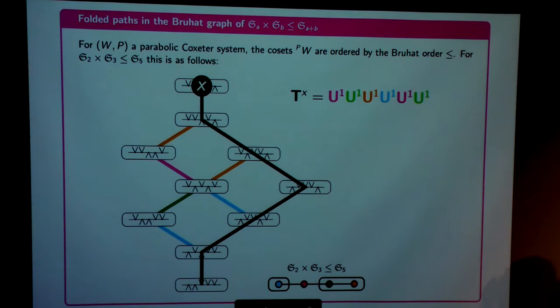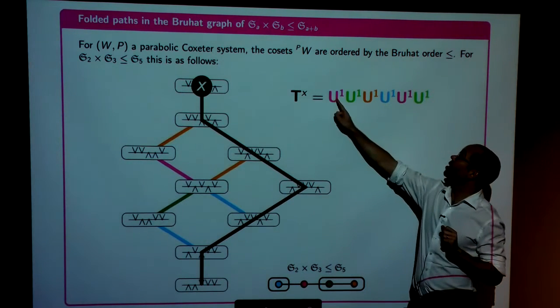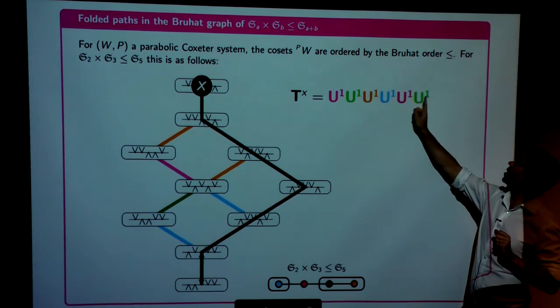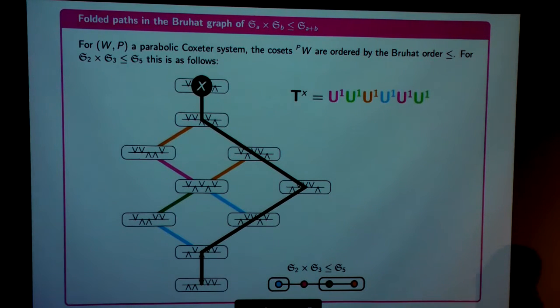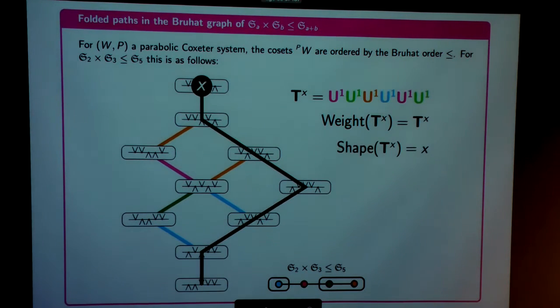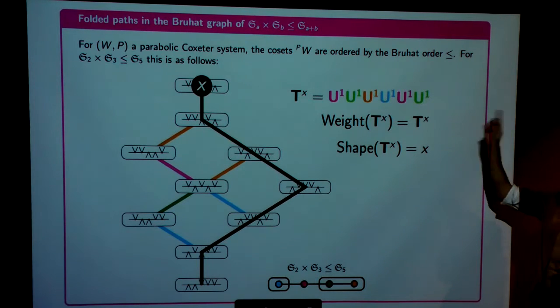And so I write that this path is given by pink, green, orange, blue, pink, green. And I use U to say that I've gone up. And I use 1 to say that I really went up. You'll see what the 1 means when I don't use the 1 next time. And I write that the weight of this path is just the path itself, again vacuous in this case, and the shape is the point at which it terminates.